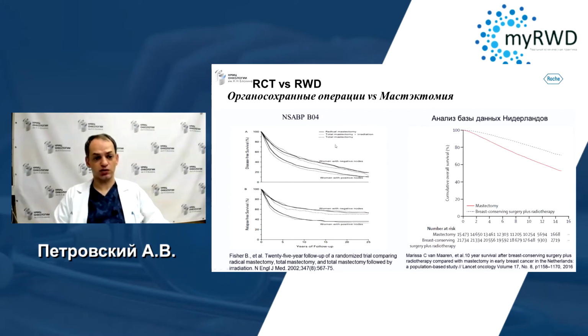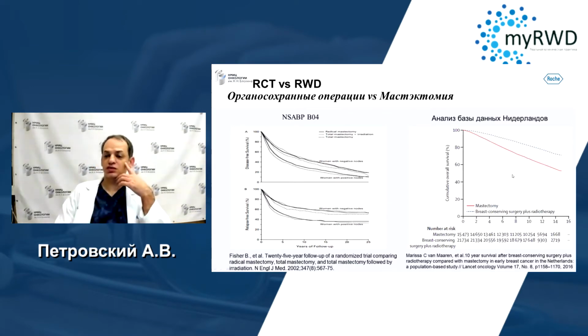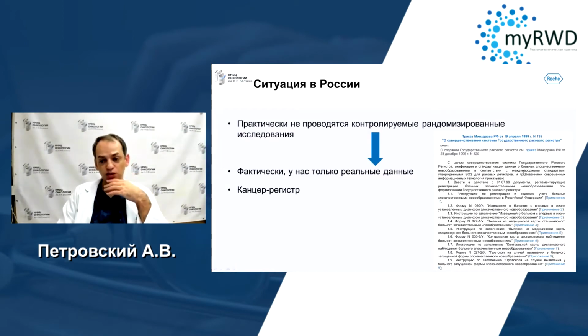Finally, it appeared that the results depend on the prevalence of the tumor, the presence or absence of lymph nodes, but not on the type of surgical treatment. But when recently, back in 2016, we analyzed the Netherlands database, it appeared that those patients who had organ-preserving surgery live much better versus those who had mastectomy. This is real life showing, with the same stages of the disease, that the add-on of radiotherapy to organ-sparing treatment probably provides additional positive effects and finally leads to improvement of overall survival.